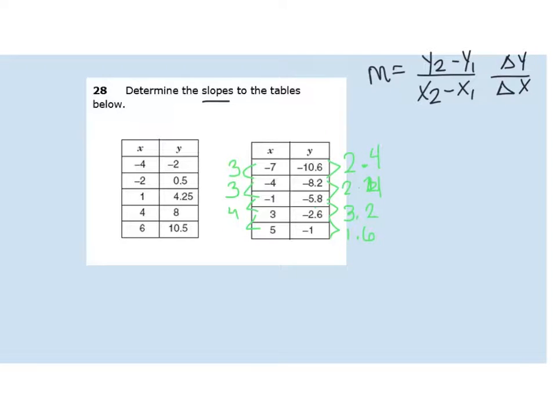So it might work. So let's go ahead and type this in. 2.4 over 3, and that is going to come out to 0.8. And then we want to see, what about 3.2 over 4?